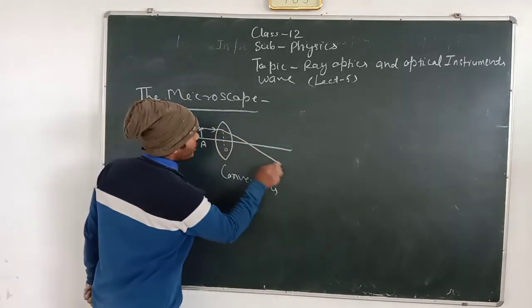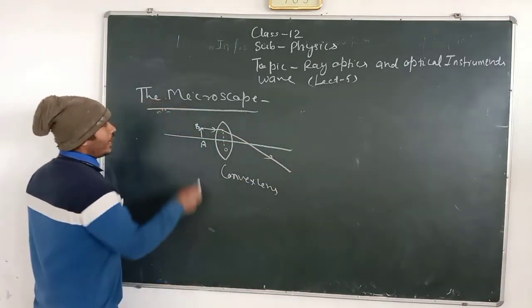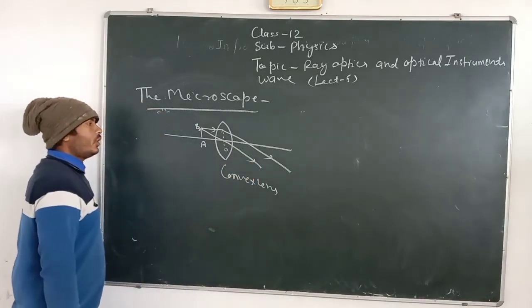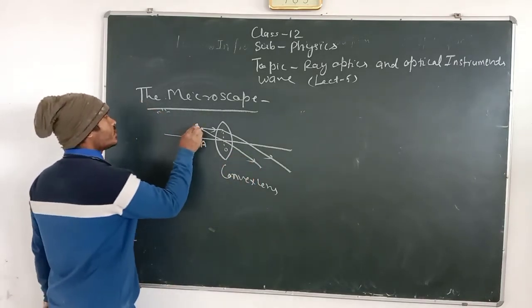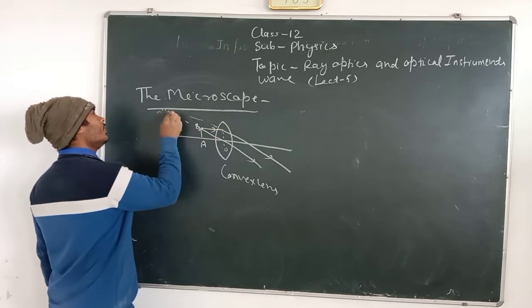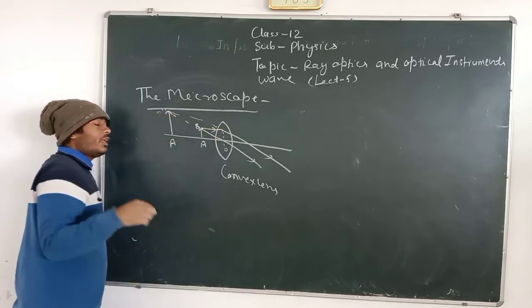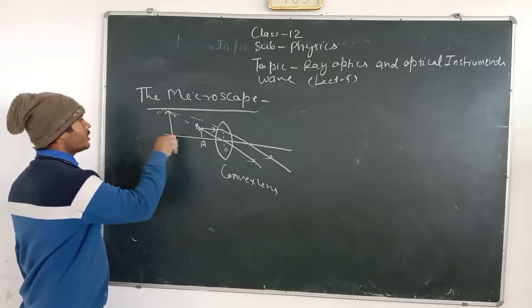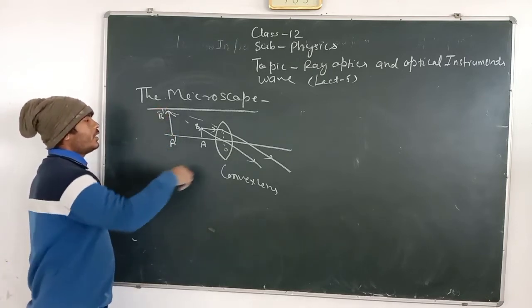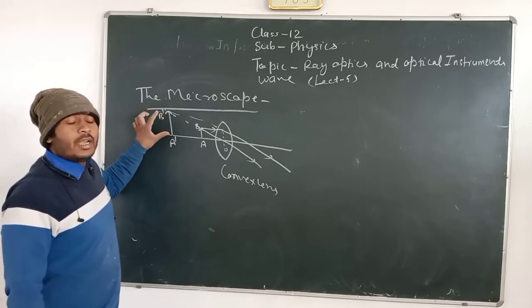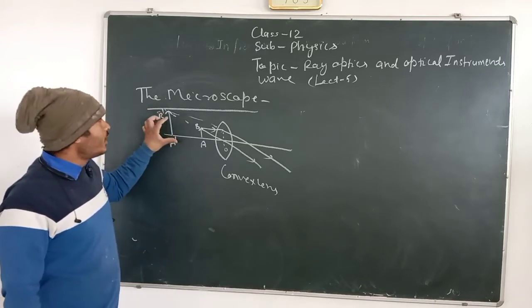After refraction, it will pass through the focal point, and one ray passes through the optical center. Here the refracted rays appear to intersect, so image A dash B dash of object AB is formed. The image is virtual, and it is larger in size.